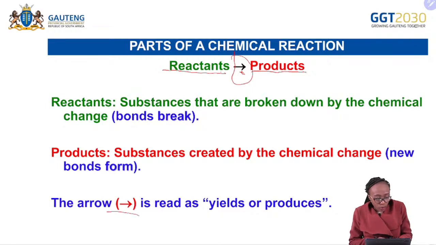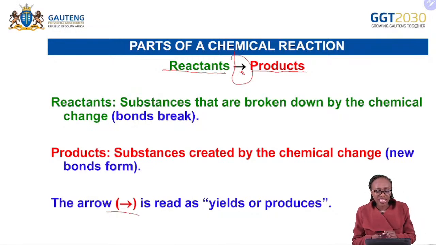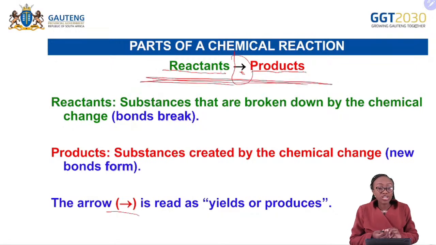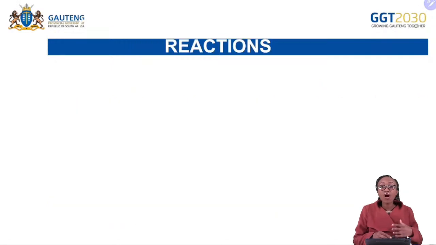So the arrow is read as yields or produces. Let's try and read this statement up above: reactants produce products. Read it as yields or produces.